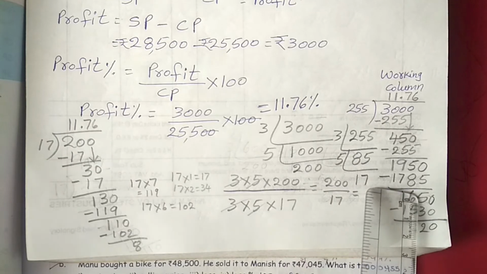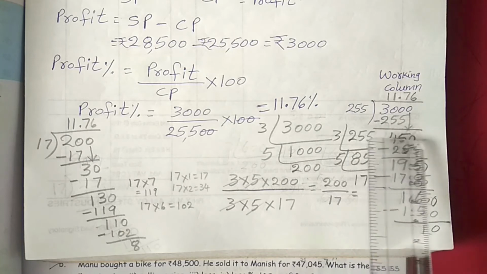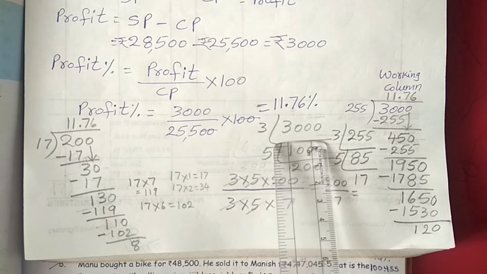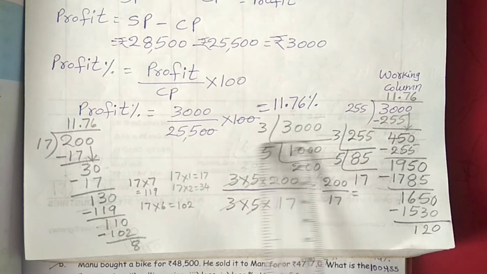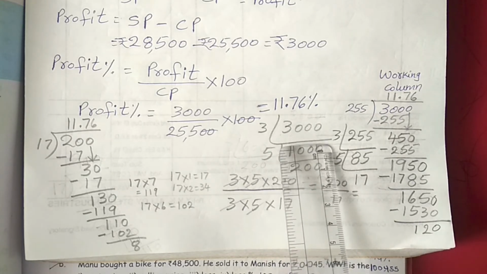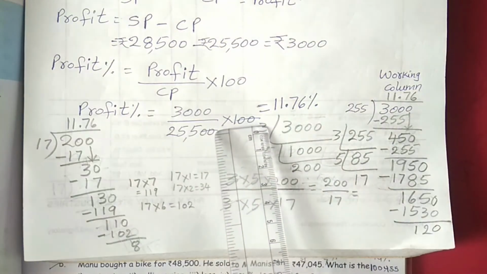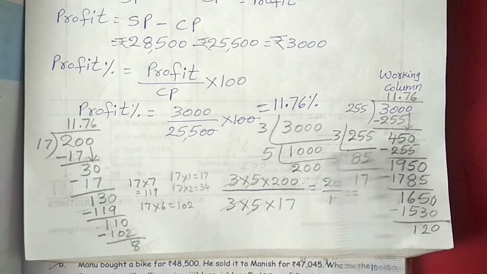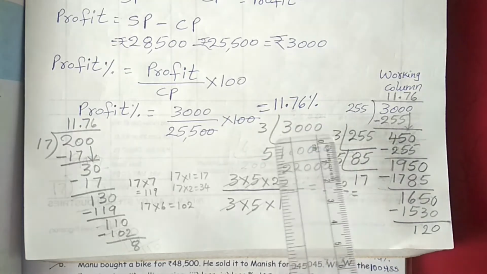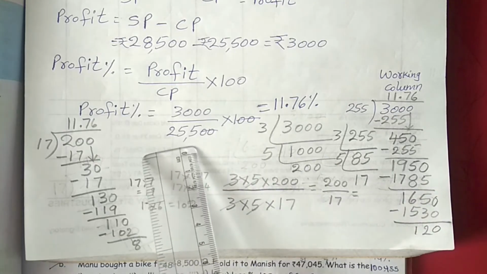So I have done a working column for you. See here. First, what I have done, I found the LCM for 3,000. LCM means, you know, least common multiple. See, 3,000 divided by 3 is how many times? 1,000 times. So 1,000 divided by 5 is 200. So 3 into 5 into 200, by now 255.